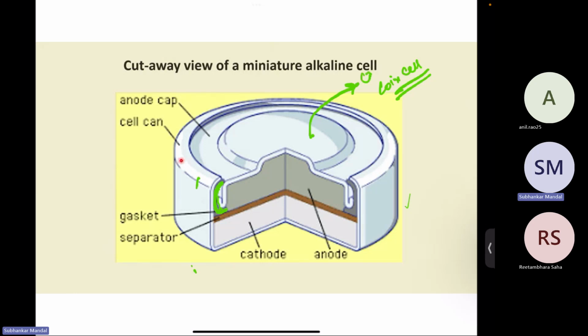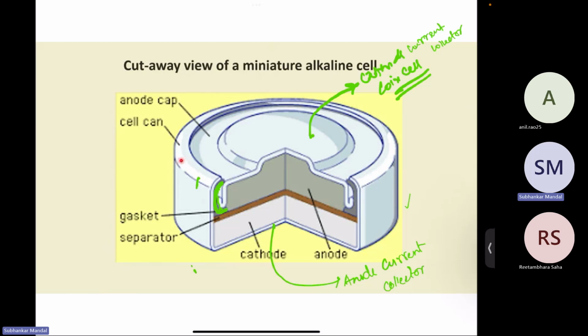Suppose this is the cathode connection, the cathode current collector, and on the opposite side it will be the anode current collector. There should not be any touch between the cathode and anode. If the cathode and anode touch, then your cell will be dead.